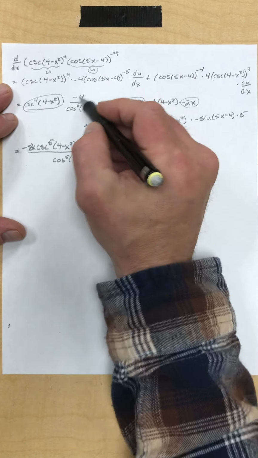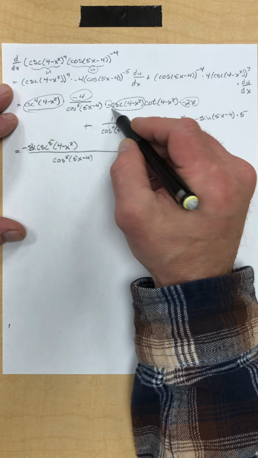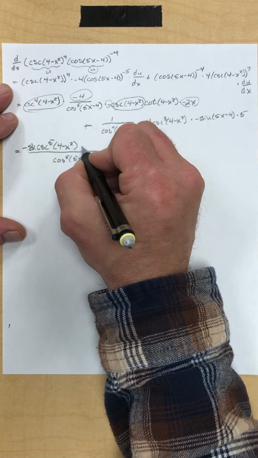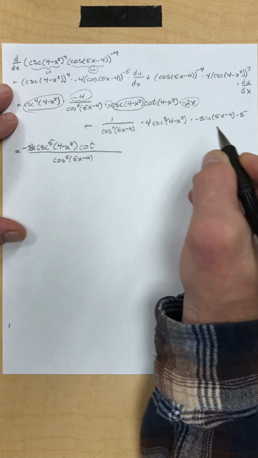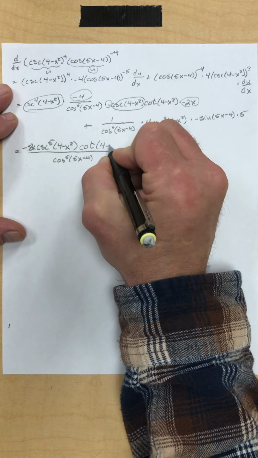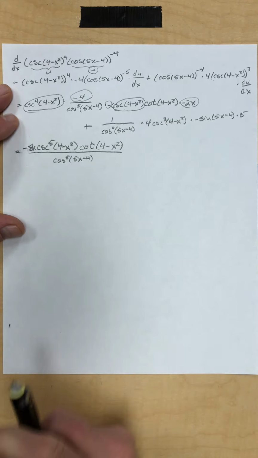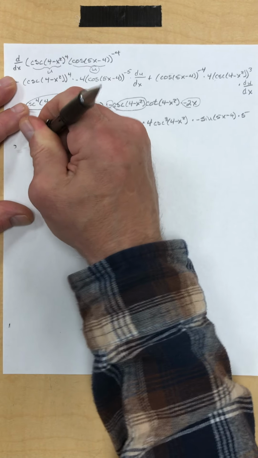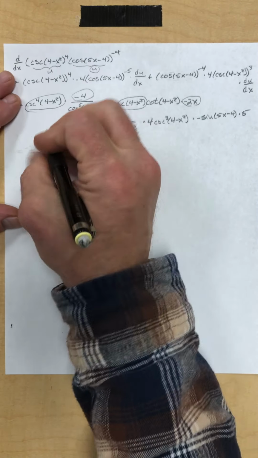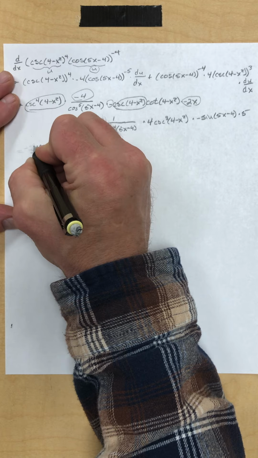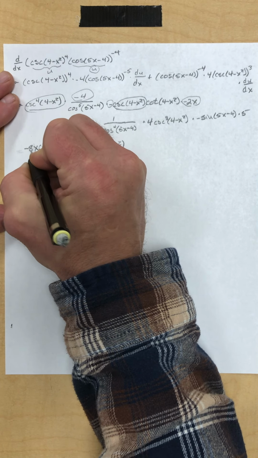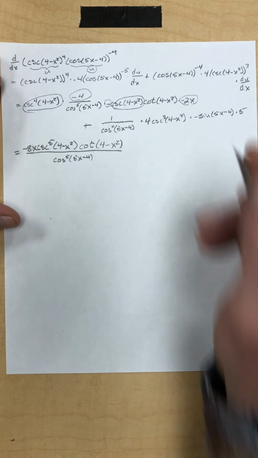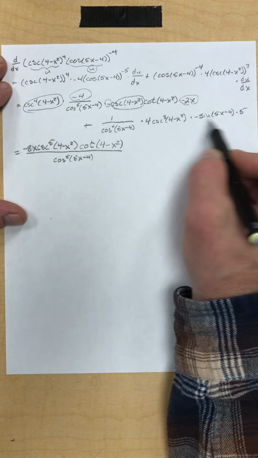That takes care of everything other than the cotangent, so cotangent of 4 minus x squared. I don't like how I squished that stuff together there, somebody might forget about that x. So I've got an x there, and I've got a negative 8. Okay, that looks better.